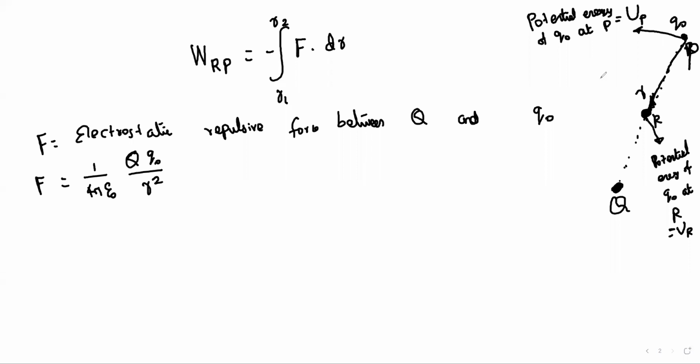The repulsive force is more at R rather than P because it goes closer to Q. So at point R, since it faces more repulsive force, it needs more energy, right? So automatically UR is greater than UP.